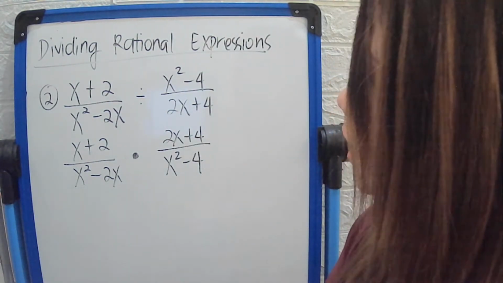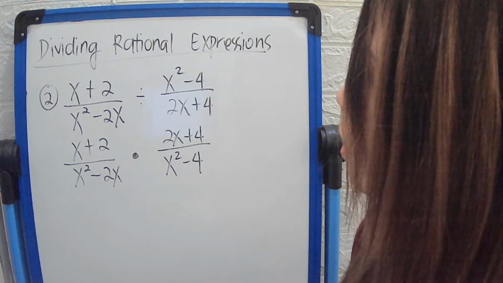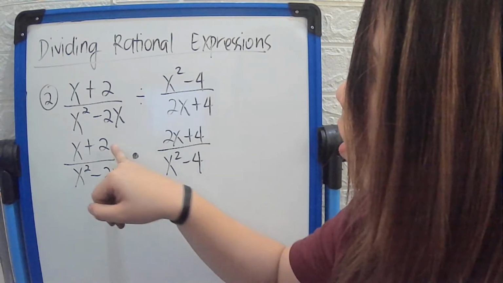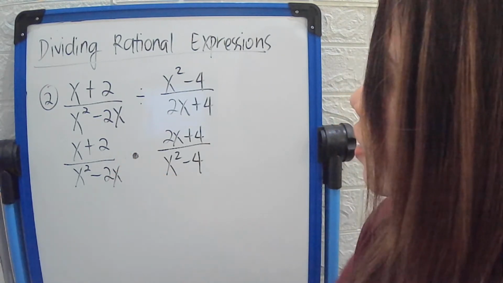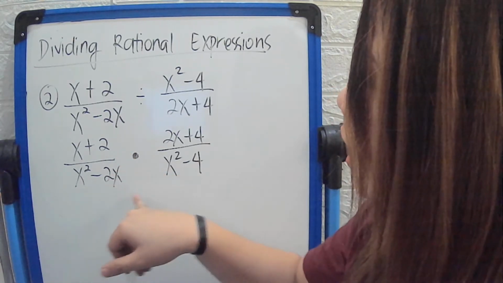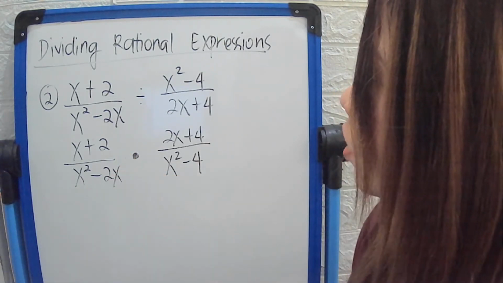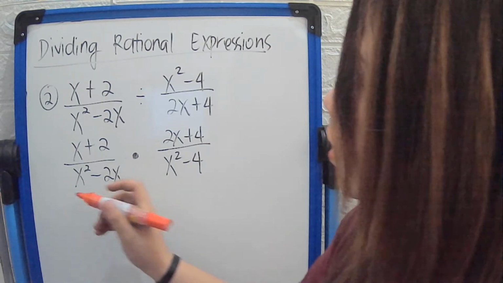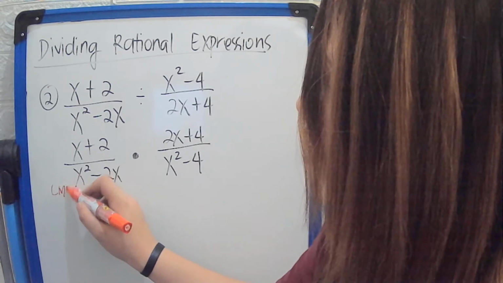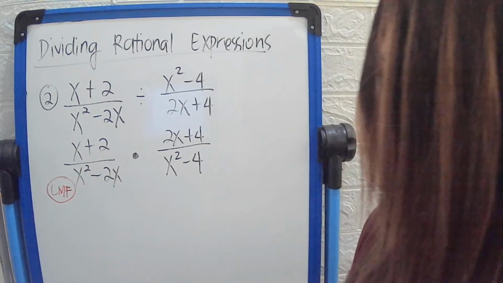So here, let us now apply the factoring methods. In your numerator, this is not factorable, so it stays as is. For your denominator here, this is factorable since you have a common factor, which is x. So I can apply CMF in this part.